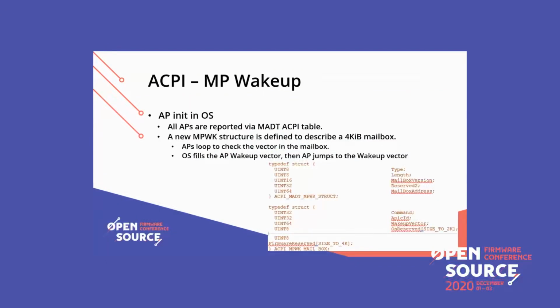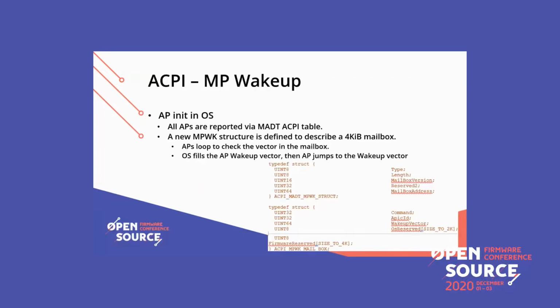The ACPI table in TDVF is similar to the one in OVMF. All CPUs are reported via the MADT ACPI table. However, it's the mailbox structure and reports it to the OS.